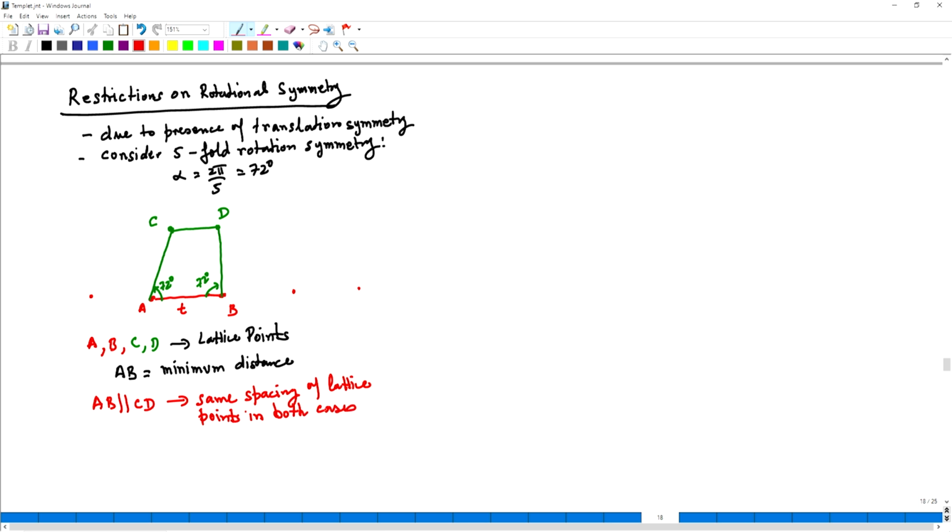But as you can see from the diagram, CD is clearly less than AB, and this is a contradiction.